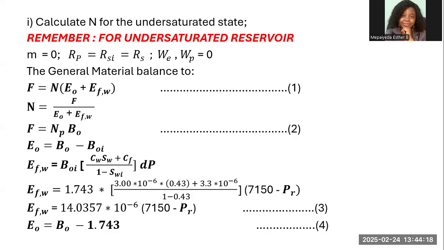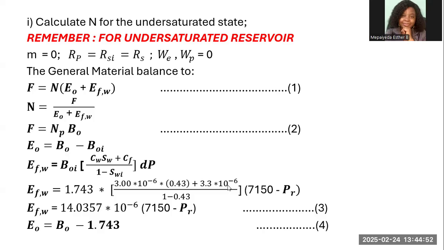So we have initial pressure minus each of the pressures from Pi to Pb. And then for Efw, you have your Boi, the cw and Sw given.